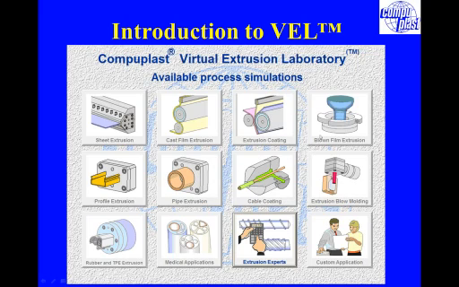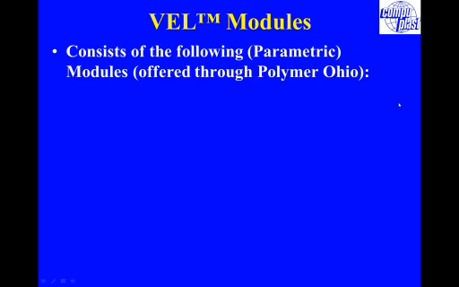And now, in reality, the virtual extrusion laboratory really consists of about 12 modules, and the following parametric modules are going to be offered through Polymer Ohio. These will be the material module, which has the material database and allows users to enter material data and fit it and use their own materials.